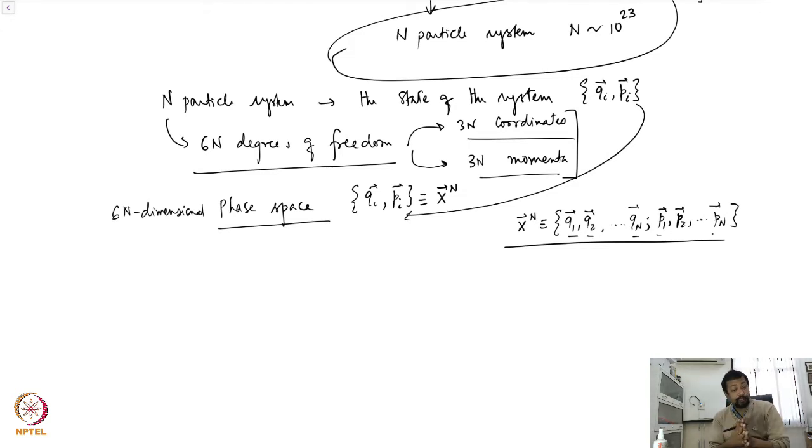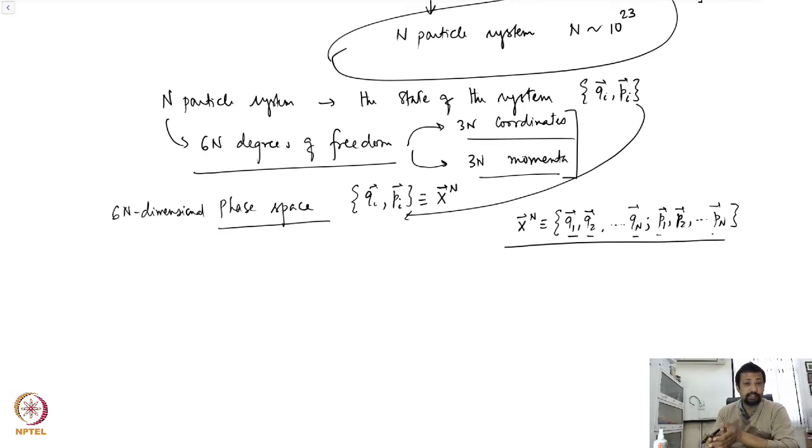We could have known that if we could have solved Newton's equation of motion, written down the equations of motion, used the initial conditions and solved it. But this is just an impossible task for an N particle system where N is of the order of 10 to the power 23, right? So one can think about the phase space as filled with a probability fluid.